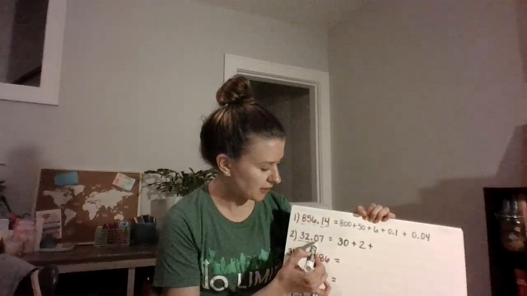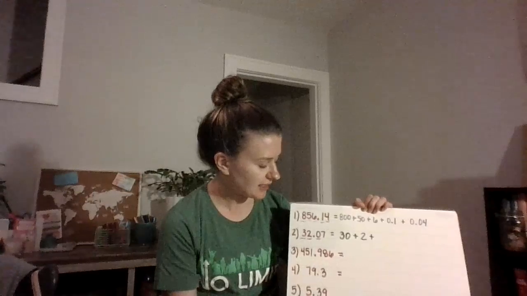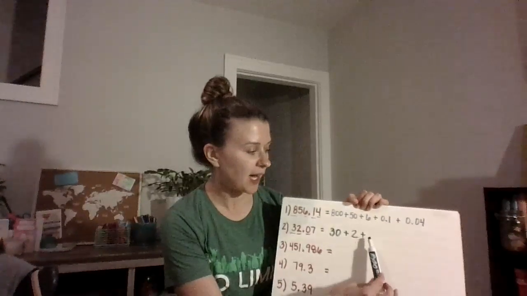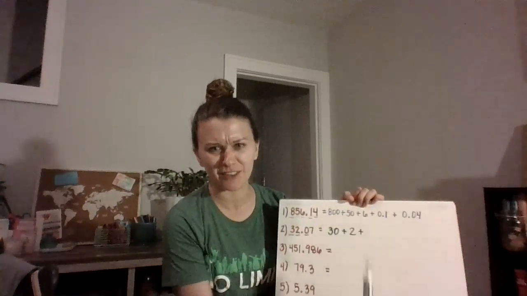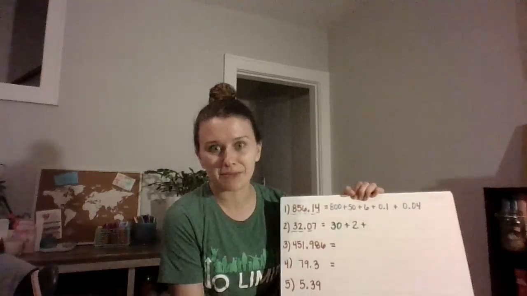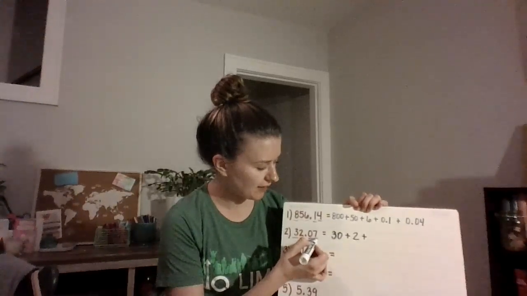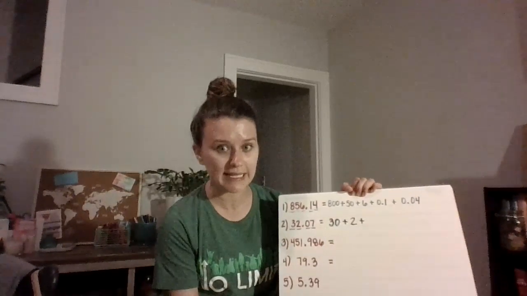Next, I'm going to look at my tenths place, but I don't have anything in the tenths place. I just have a 0. So when that happens, I'm not going to write anything for the tenths place because there's nothing there. It's just a 0. So I'm going to go ahead and skip over to my hundredths place.